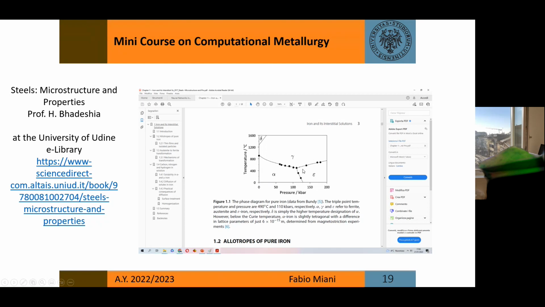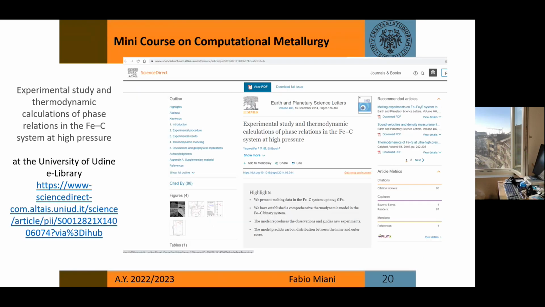But increasing the pressure will make several transformations happen. In metallurgy, we do not use high pressures a lot, apart from some application in cold or hot isostatic pressing, but it's not so strong a pressure as you can find in some geophysical applications.